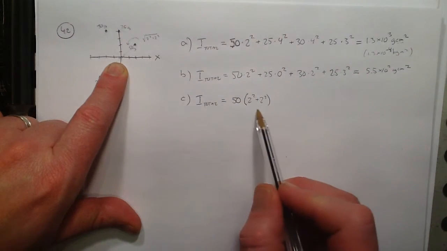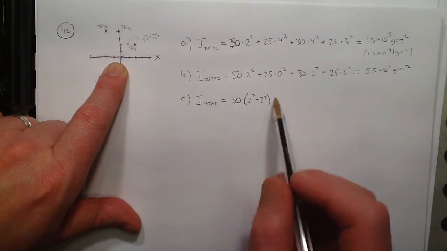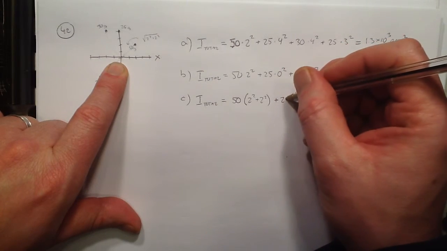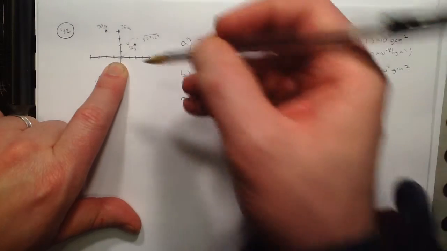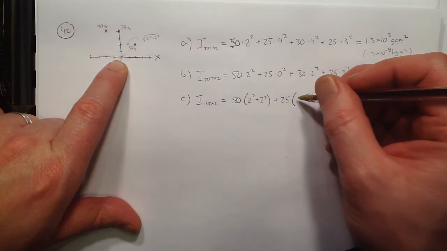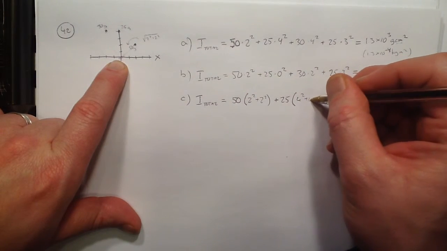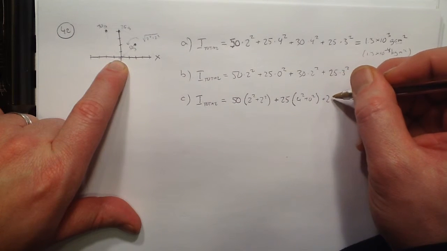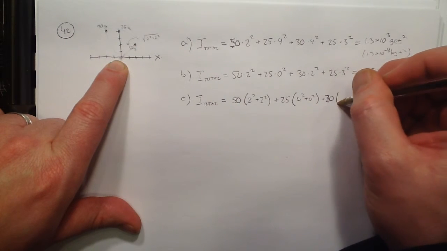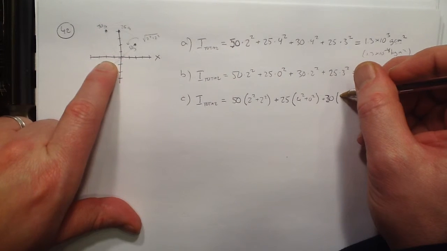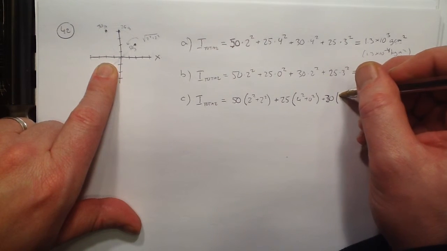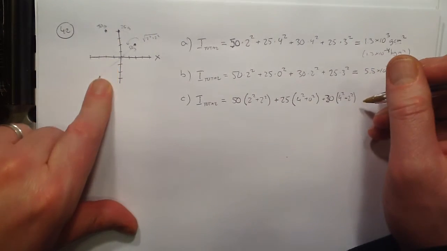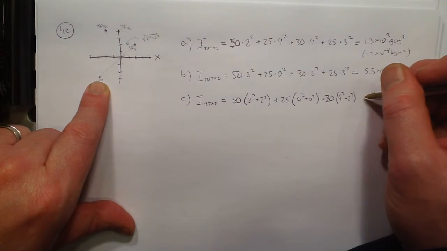So the square root sign gets peeled away by squaring, and then 25 times the coordinates of this, 4 and 0, and then the 30 got 4 and 2, and then this one we got 3 and 3.